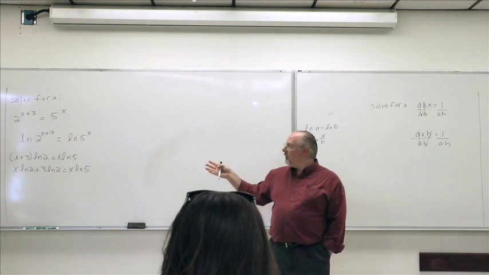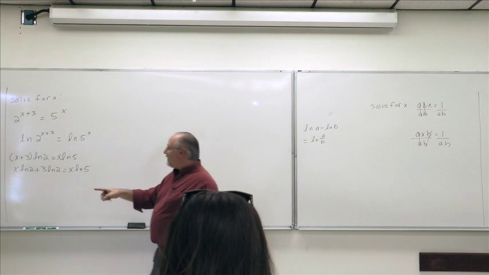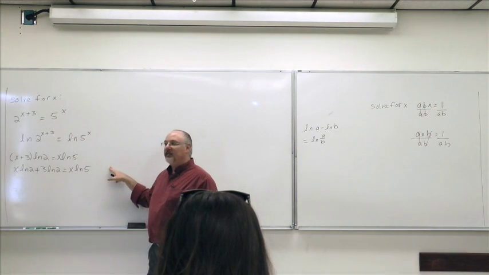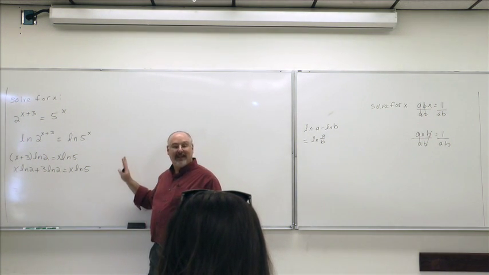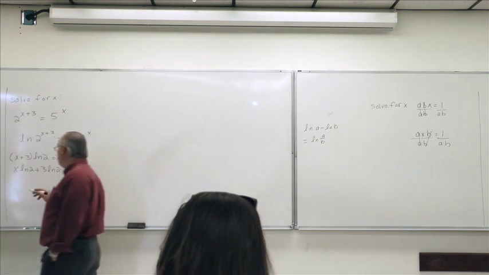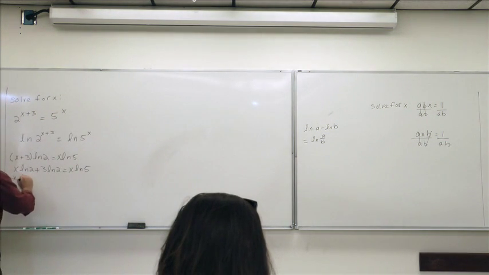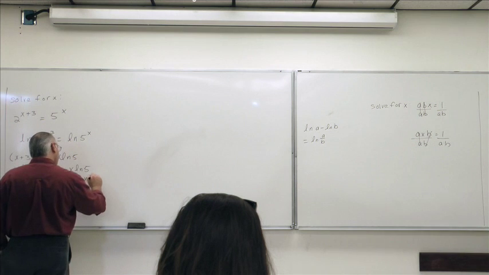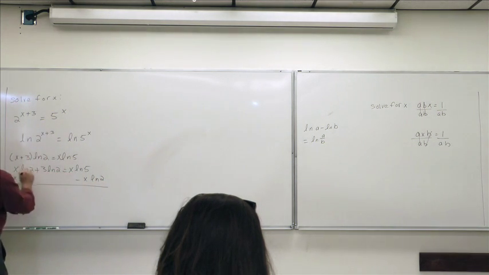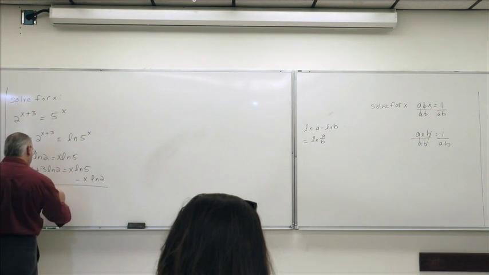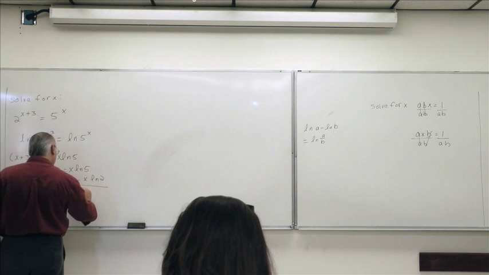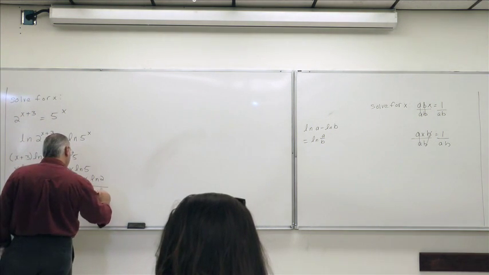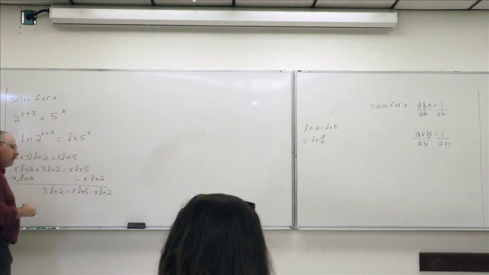Subtract x natural log of 2. Move the x natural log of 2 over to the right. That's the most efficient way to get the x's on one side, numbers on the other. So if we subtract the x natural log of 2, we get 3 natural log of 2 is x natural log of 5 minus x natural log of 2.